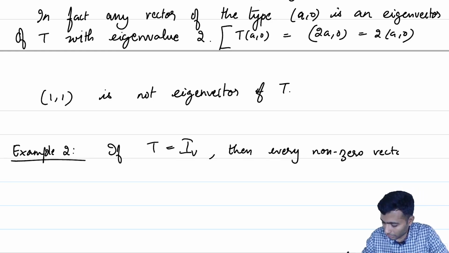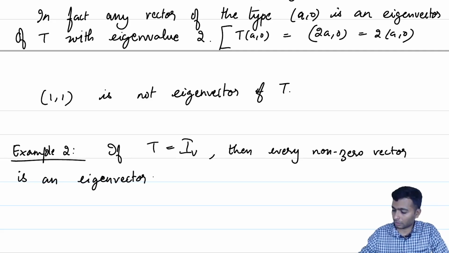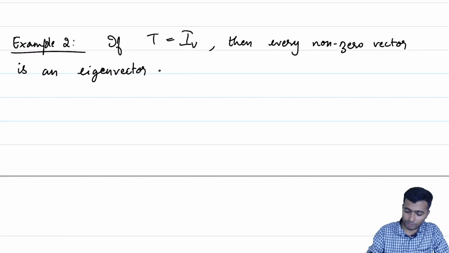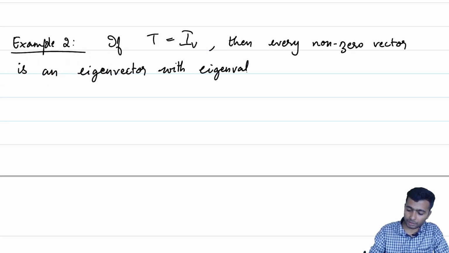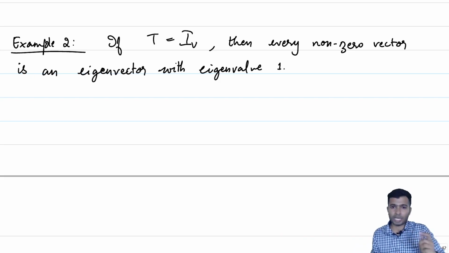Every non-zero vector is an eigenvector with eigenvalue 1. Similarly, with the dilation lambda times I_V, the eigenvalue there will just turn out to be lambda.